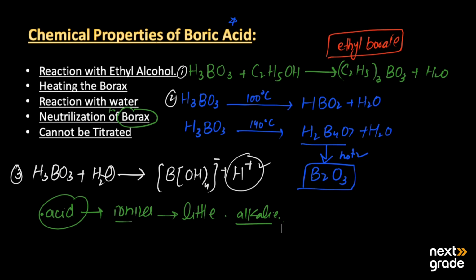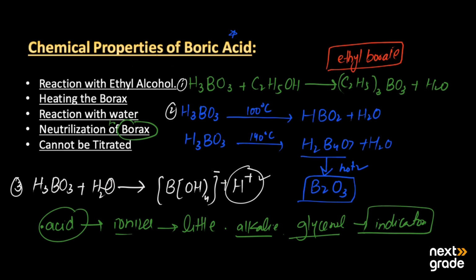In the presence of some other substance, like glycerol, it can be titrated against standard alkalis with specific indicators, and the indicator that we use there is phenolphthalein. So these were some chemical properties of boric acid.